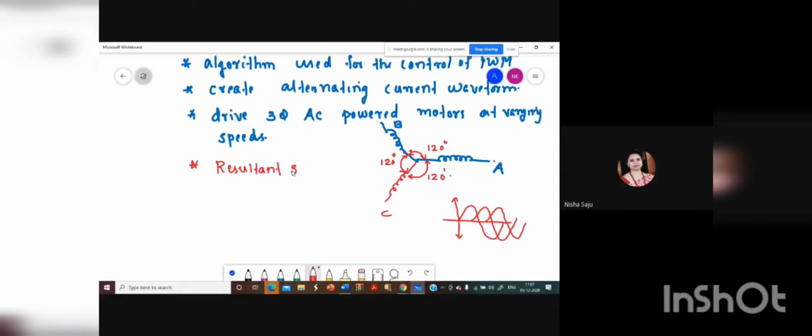So this resultant space vector will have constant amplitude and it will be rotating in space at a constant angular speed.